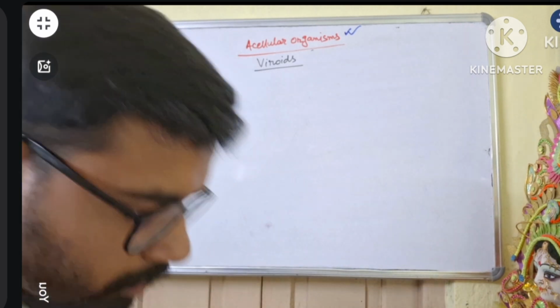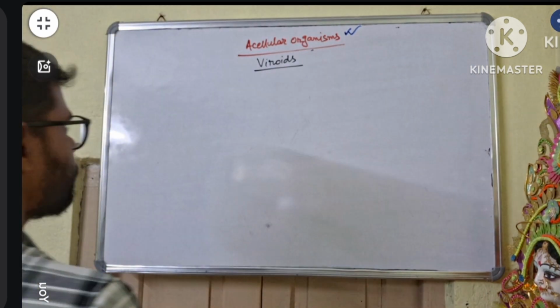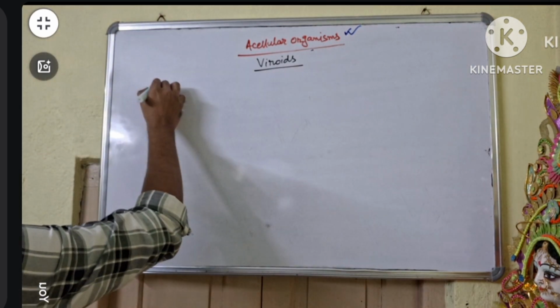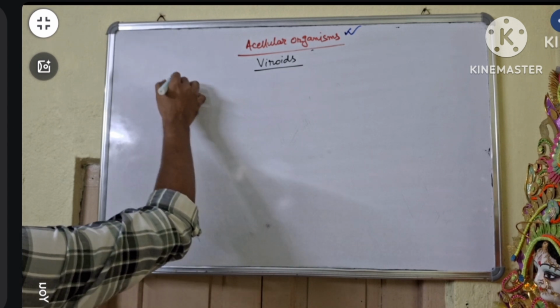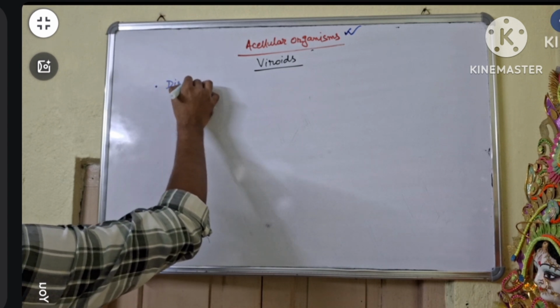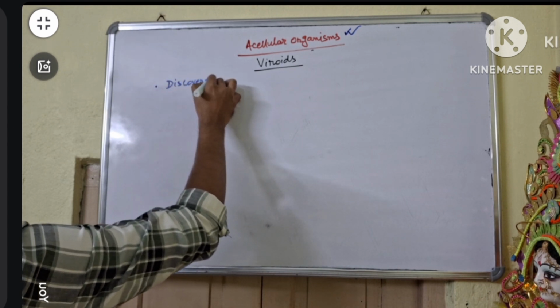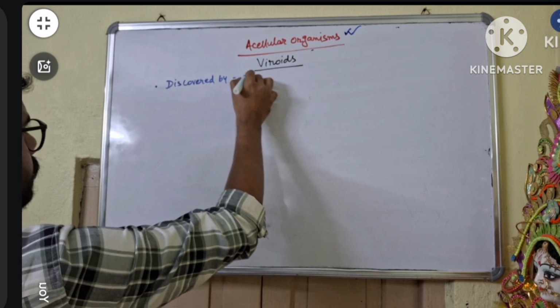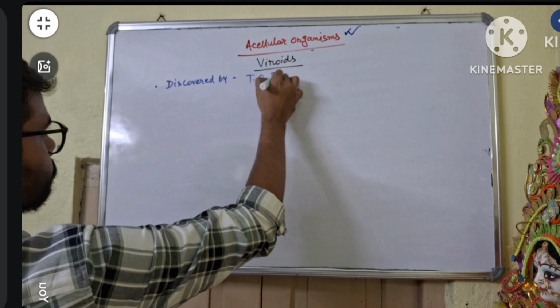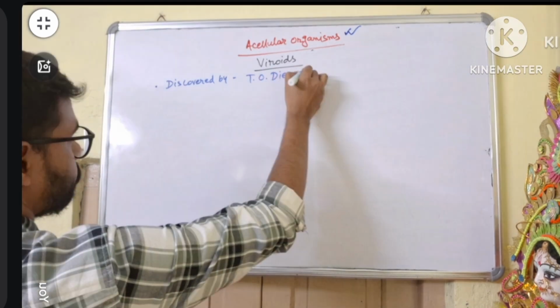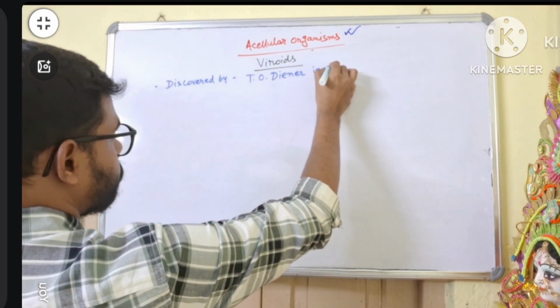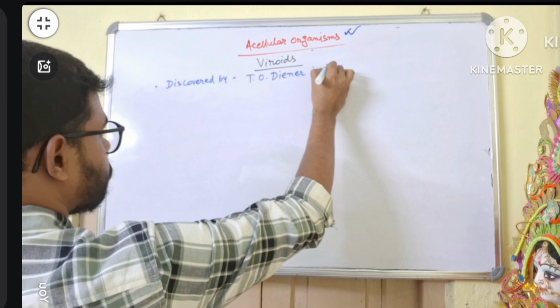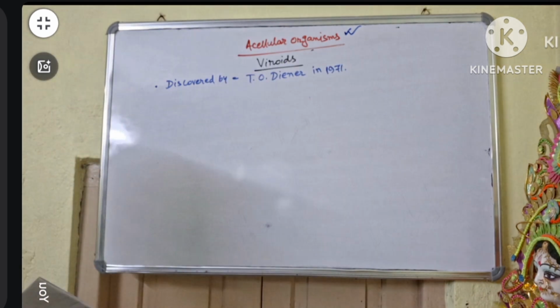Viroids were discovered very recently, in 1971, by T.O. Diener.